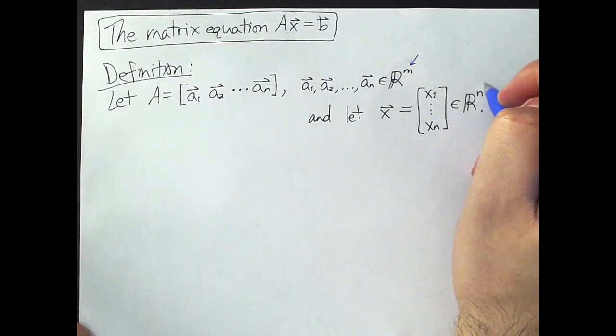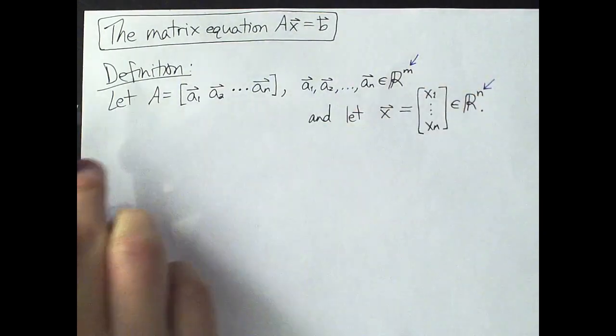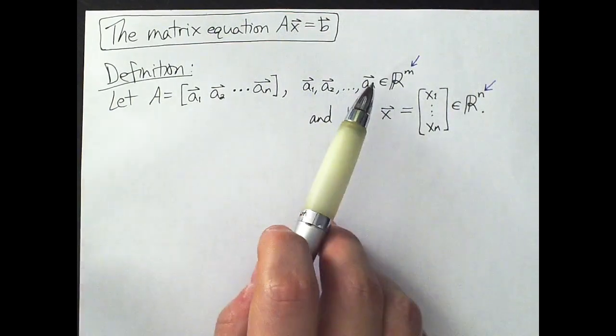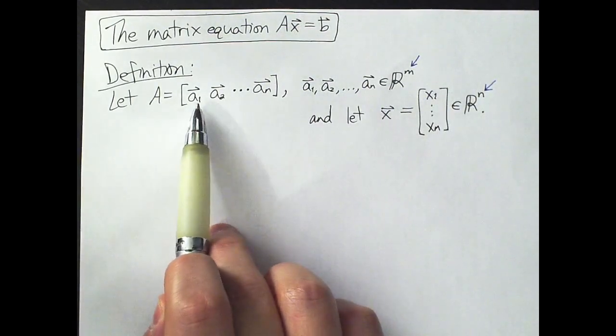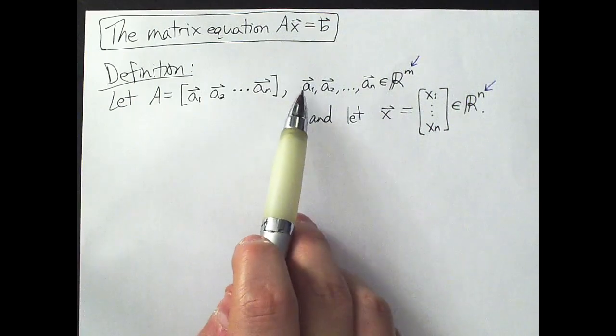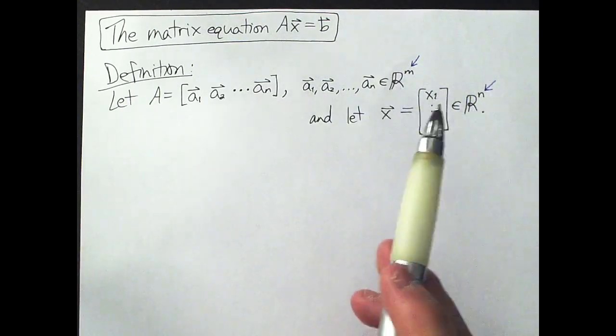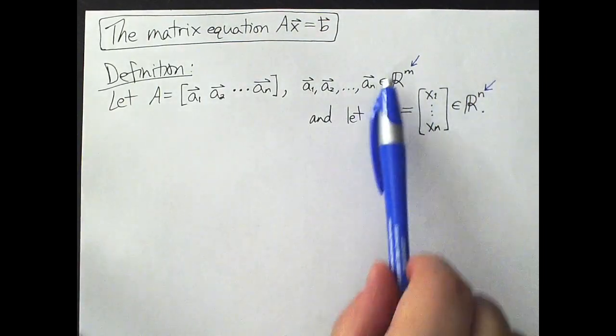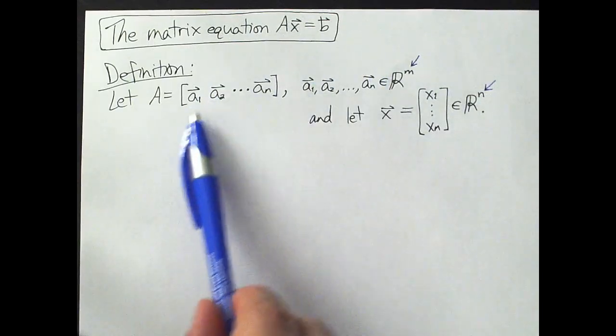We haven't really gotten to the definition yet. All I have so far is we've established that A is a matrix made up of column vectors. There are n columns, and each one of them lives in Rm, so each column has m entries. What is that saying about this matrix A?